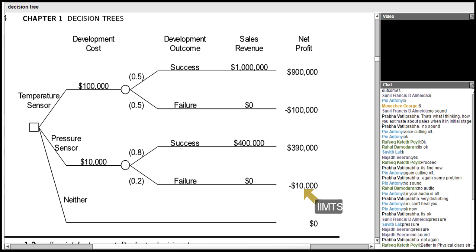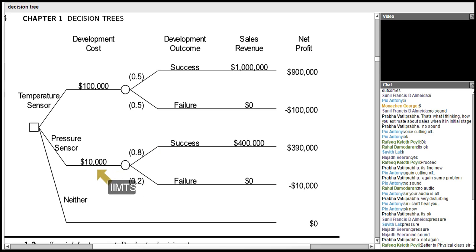Yeah, well, that's the issue with technology. You can never be 100% reliable. Now, the probability of succeeding in the development of the temperature sensor is 0.5 success and 0.5 failure, which is equal.